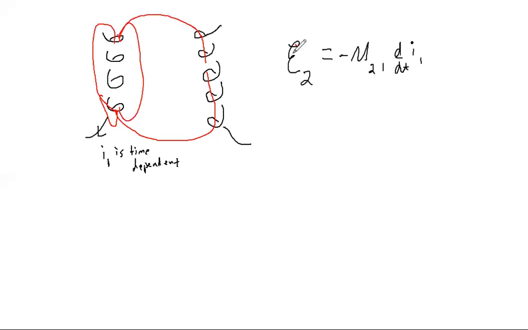That determines the EMF it induces in loops in coil number 2. The full formula then for the EMF, say in coil 1, would simply be minus the self-inductance of loop 1 times dI1/dt, plus the mutual inductance of 2 on 1.